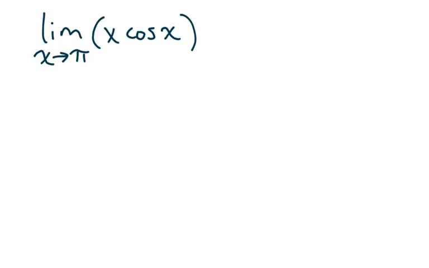Okay. So let's look at one more where we can plug in that value. And in this case, we can see that it works with trig functions as well. So all I'm going to do is take this function and plug in pi for x. So the limit of x times cosine x as x approaches pi is just pi times the cosine of pi.